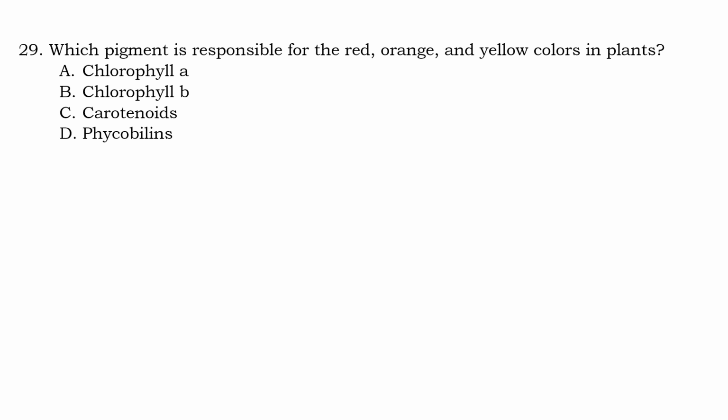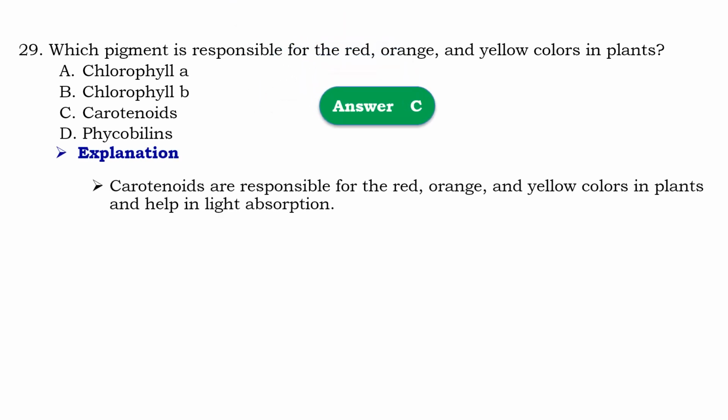Question number 29. Which pigment is responsible for the red, orange and yellow colors in plants? የትኛው ፒግመንት ሬድ ኦሬንጅ እና የሎ ከለር እጽዋቶች እንዲኖራቸው ሪስፖንሲብል ያለው የትኛው ፒግመንት ነው ይላል? So that should be C carotenoids.